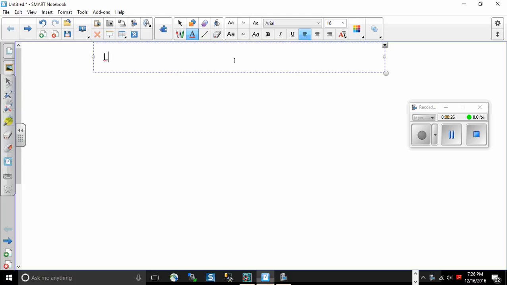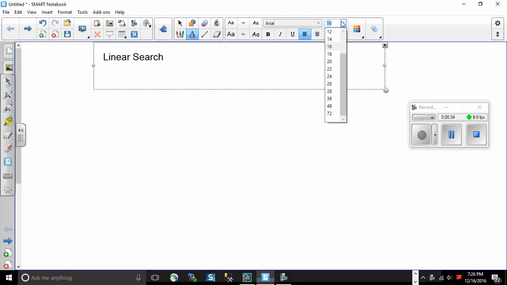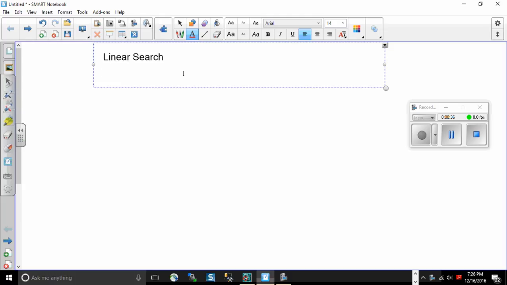The first kind of search that you may have heard about is called the linear search. In a linear search, you find a number in a sequence of values occurring in arbitrary order.